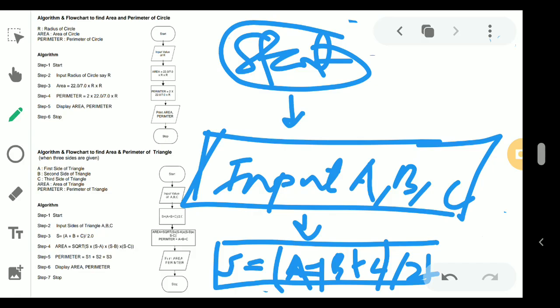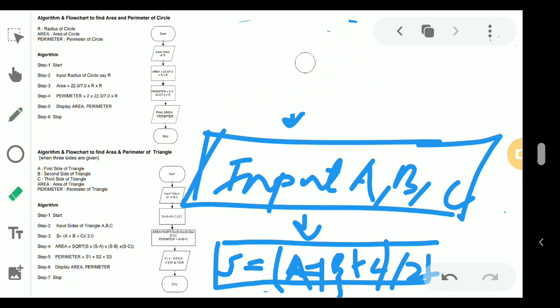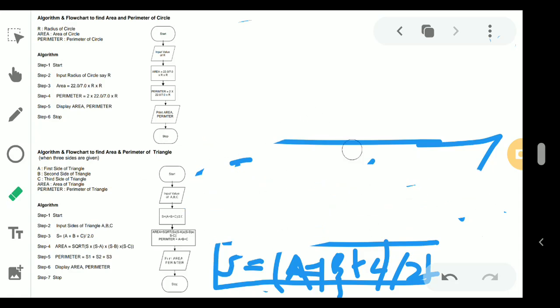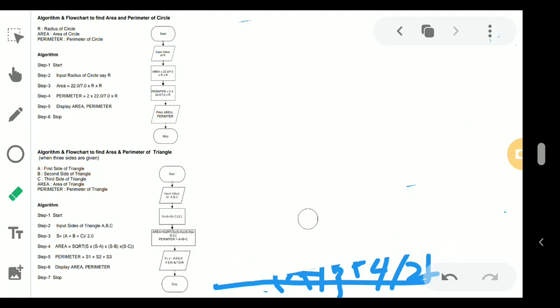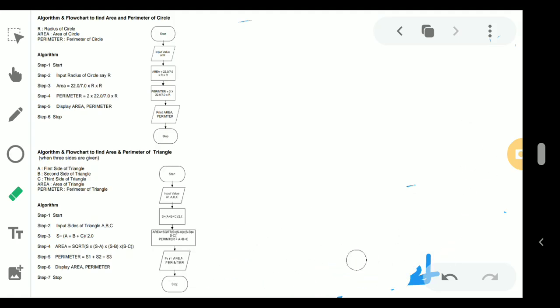Next we will calculate the area. Here I am drawing the data flow, then the next part. After the data flow, we have to find the area.